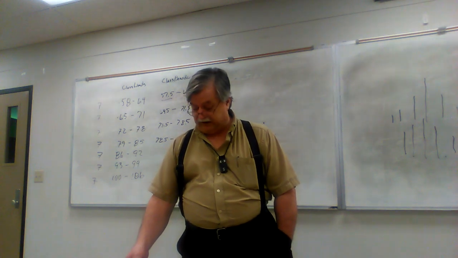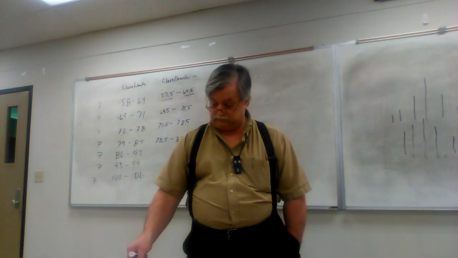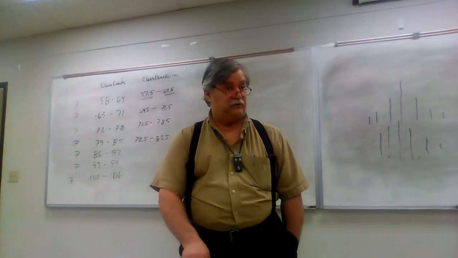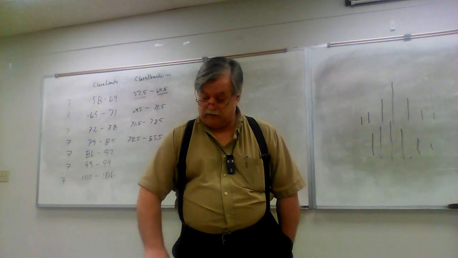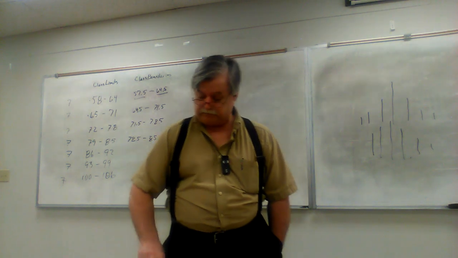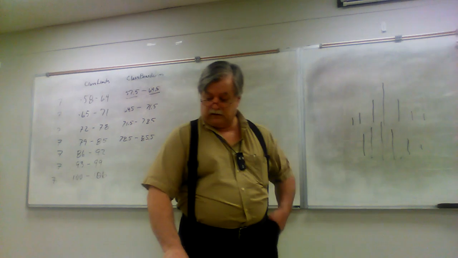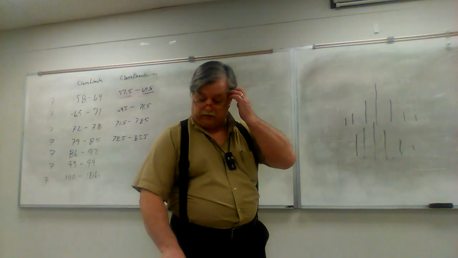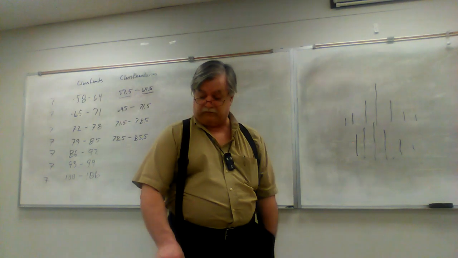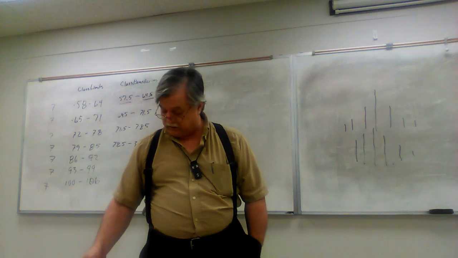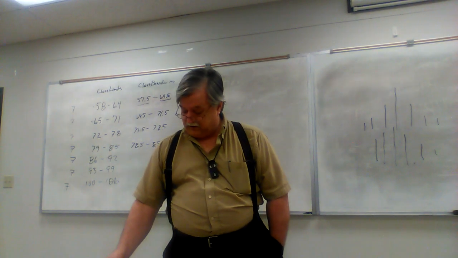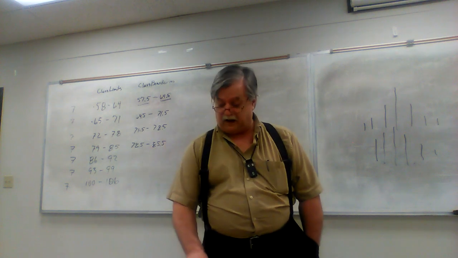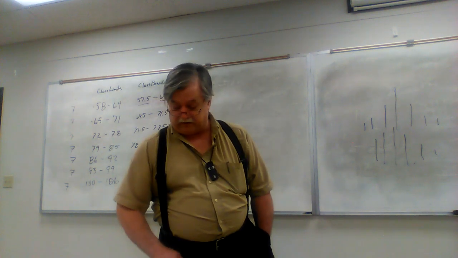That will give you your class width. It may or may not be an integer number. They tell you here, round up to the nearest whole number if it's not. So in the case of this example, they say 34 divided by 7 is 4.9, and you would round it up to 5.